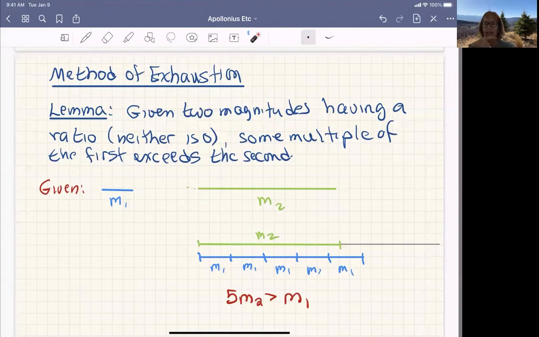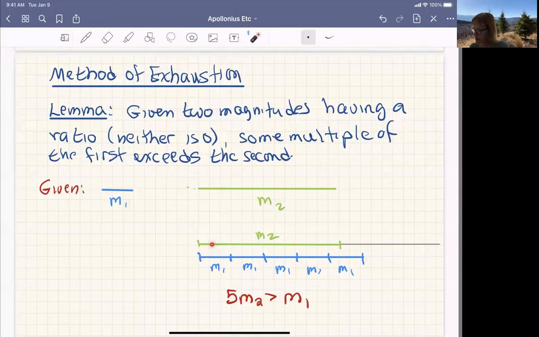So it doesn't make sense to talk about a ratio if one of the values is 0. So some multiple of the first exceeds the second. Here's a magnitude m1, here's a magnitude m2. The claim is some multiple of this exceeds that.